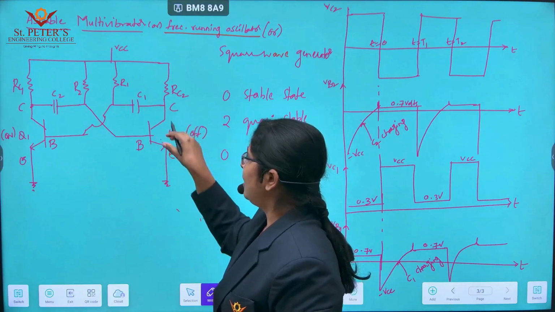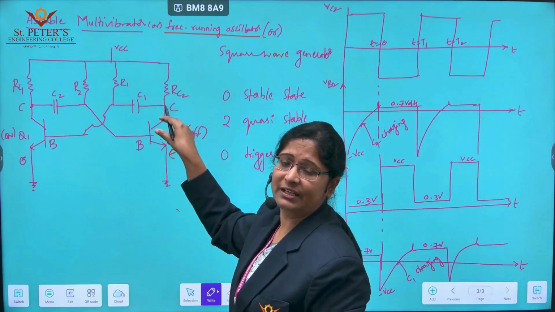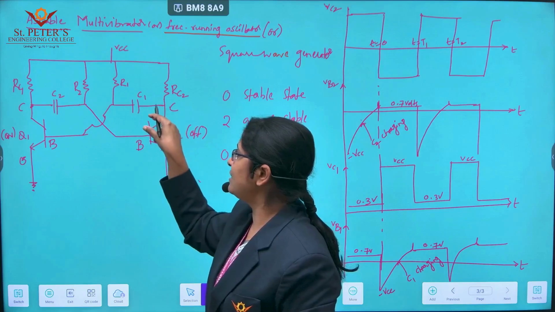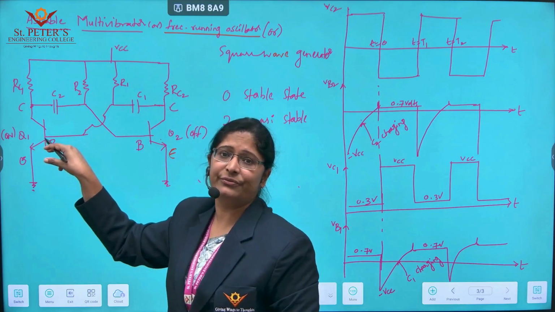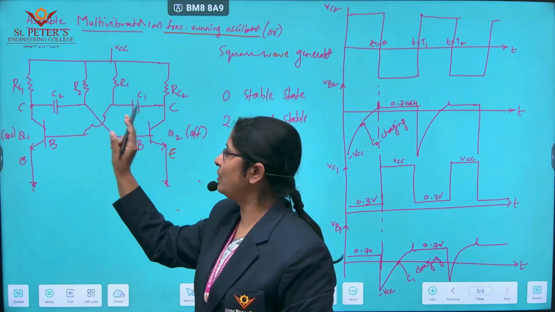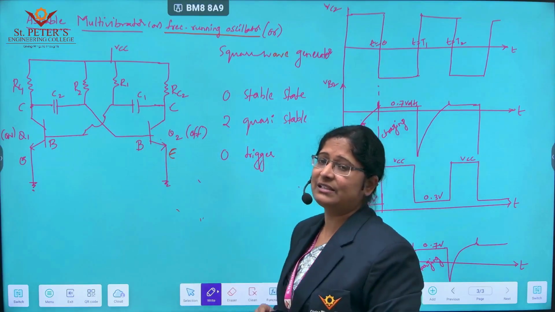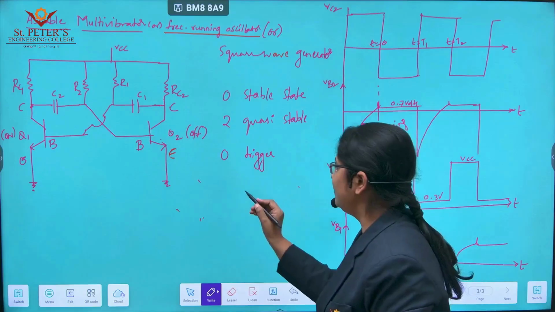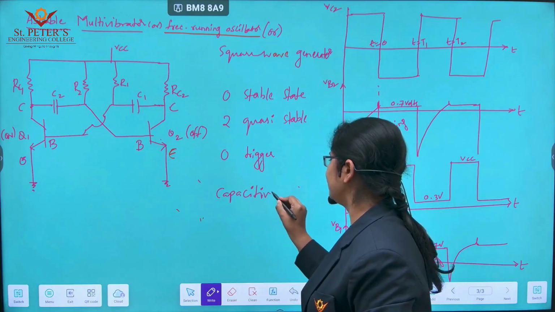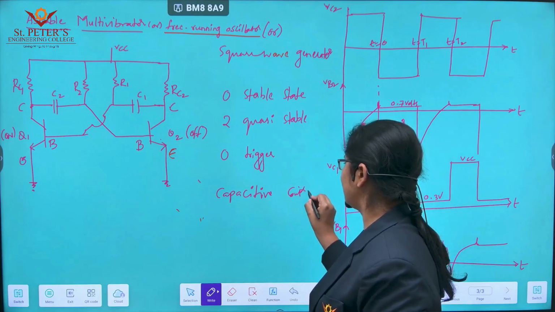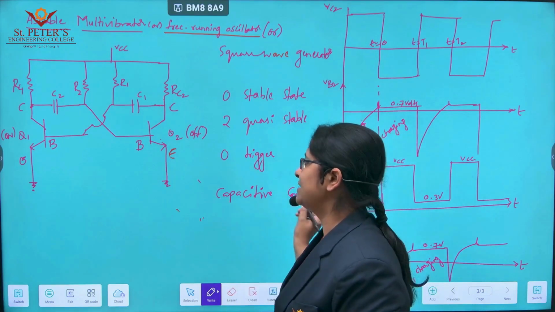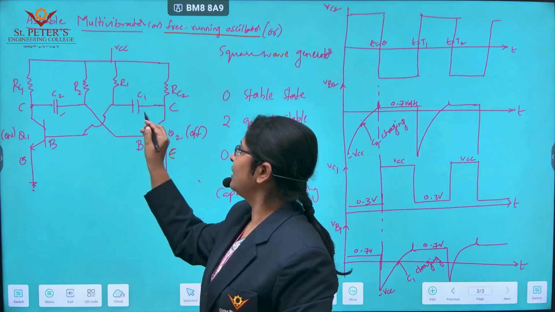And the output of the second transistor, usually we collect at the collector terminal. The collector terminal of the second transistor is coupled to the base of the first transistor through another coupling element C1. Both the coupling elements are capacitors, so in an astable multivibrator we use capacitive coupling, C2 and C1.